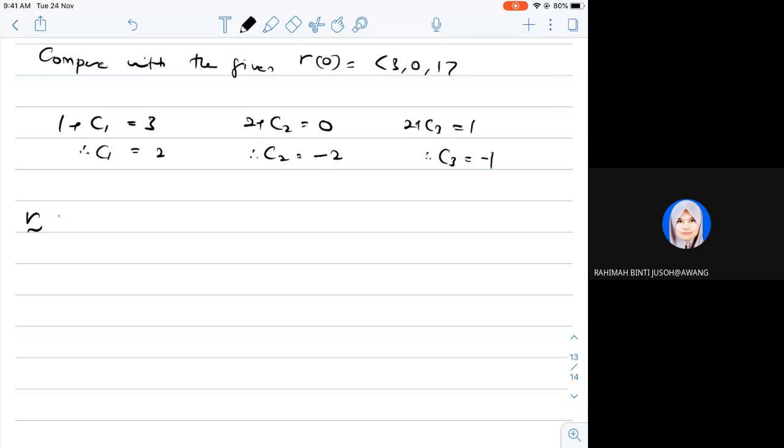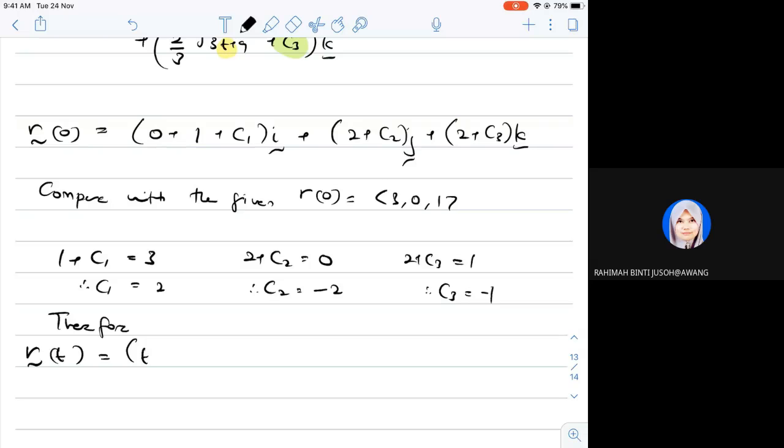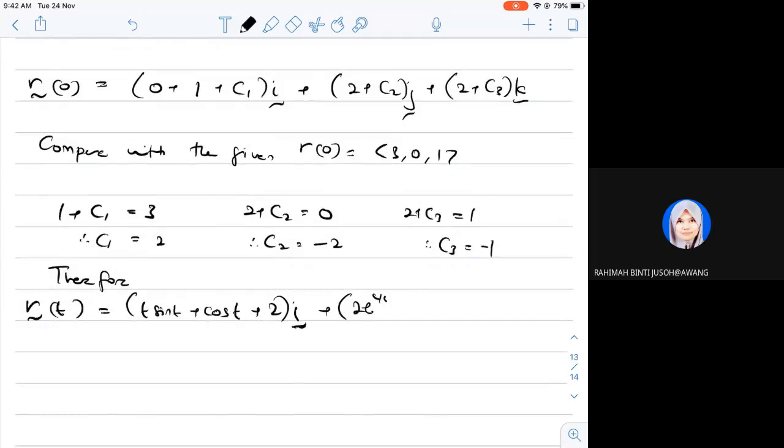So we substitute again, therefore the answer of r(t) should be t sin t plus cos t plus C1 is 2, so 2i, and then plus the second component, e to the power of 2t plus C2, so minus 2j.